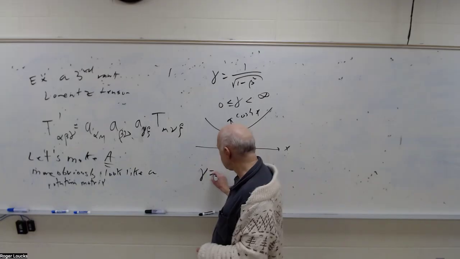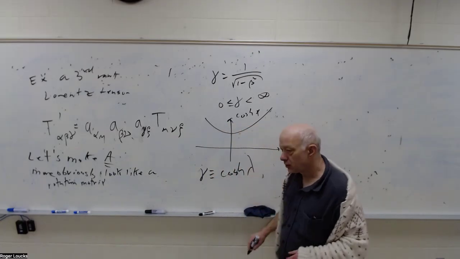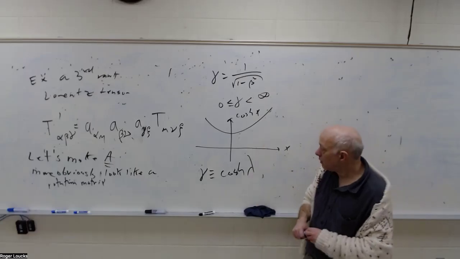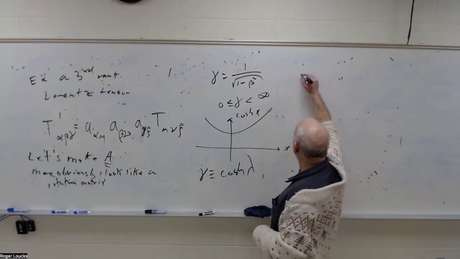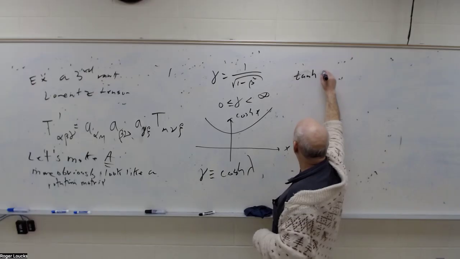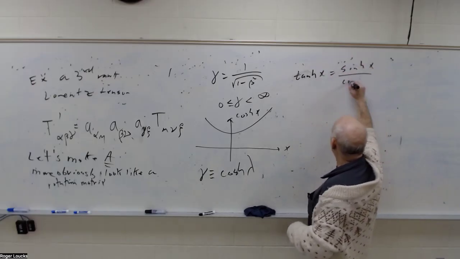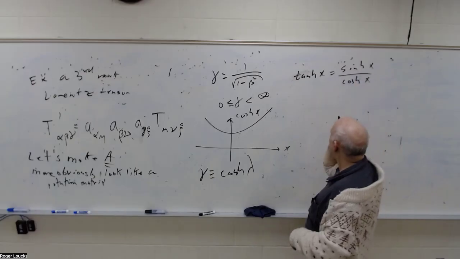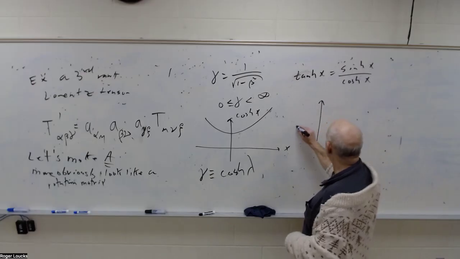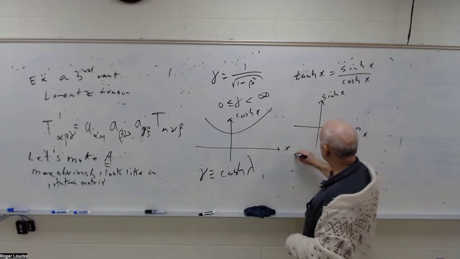So when I say gamma is by definition the cosh of some lambda, we have no clue what this lambda is. Then what do we say about the hyperbolic tangent? The hyperbolic tangent of x is your hyperbolic sine of x over your hyperbolic cosine of x. And when we look at the sinh, it looks like this.